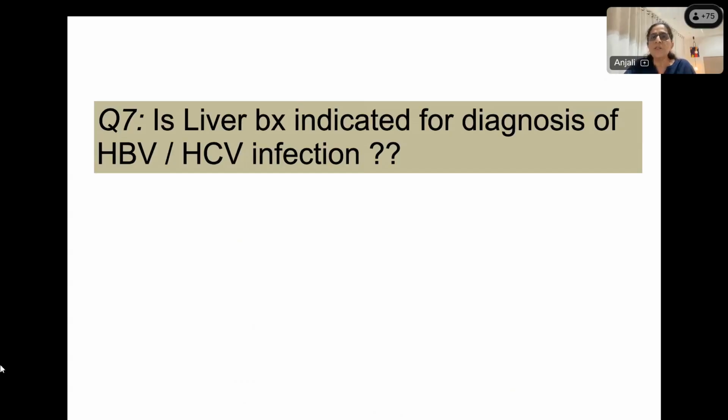So the next question is, is liver biopsy indicated for primary diagnosis of hepatitis B and C infection? Anybody would like to answer? Priyanka, would you like to answer this question? No, ma'am. Yes, the answer is no, definitely correct.